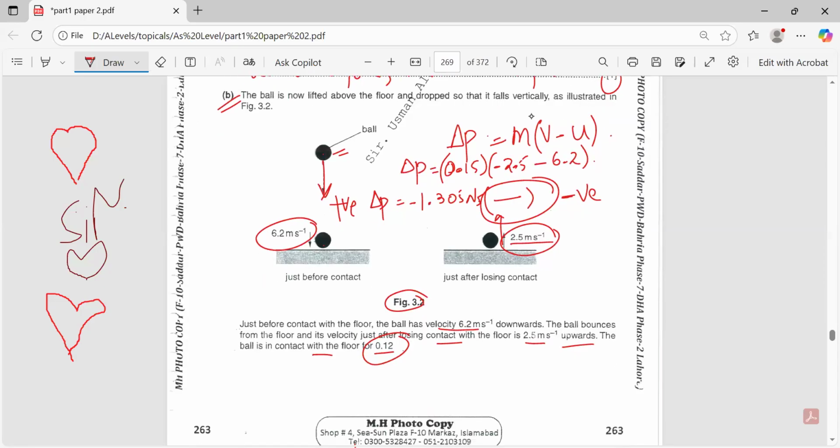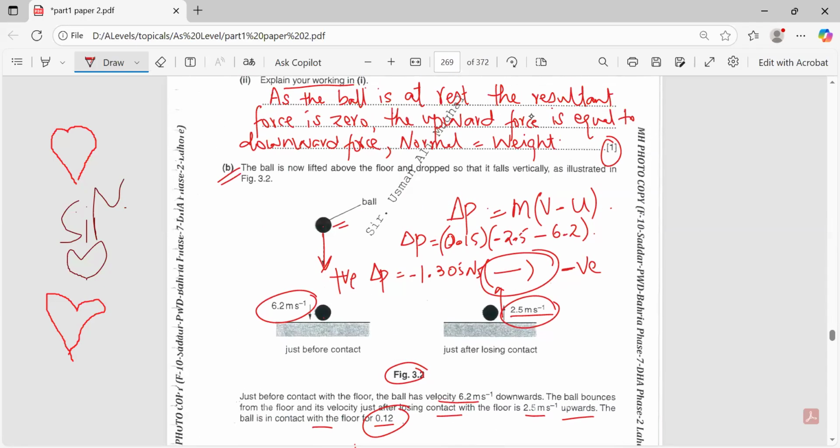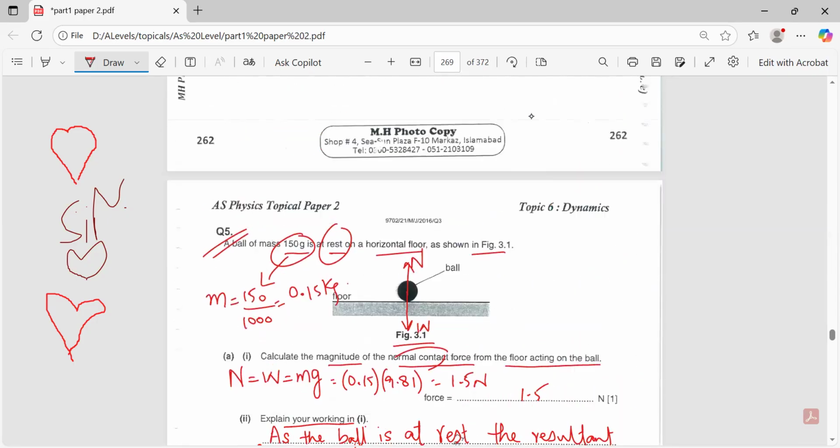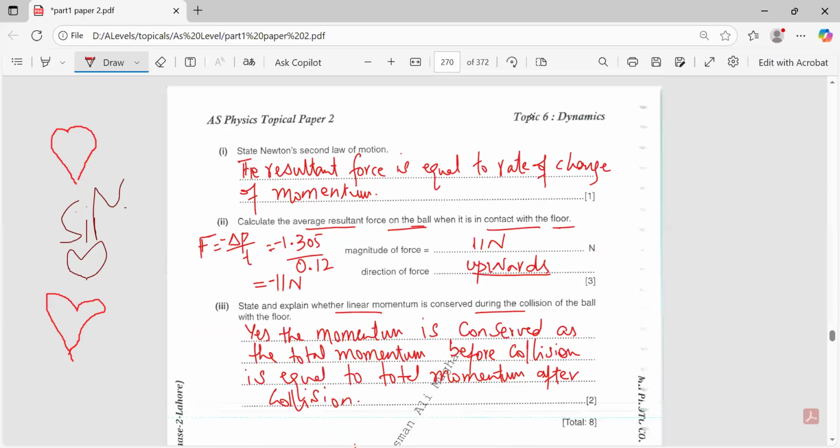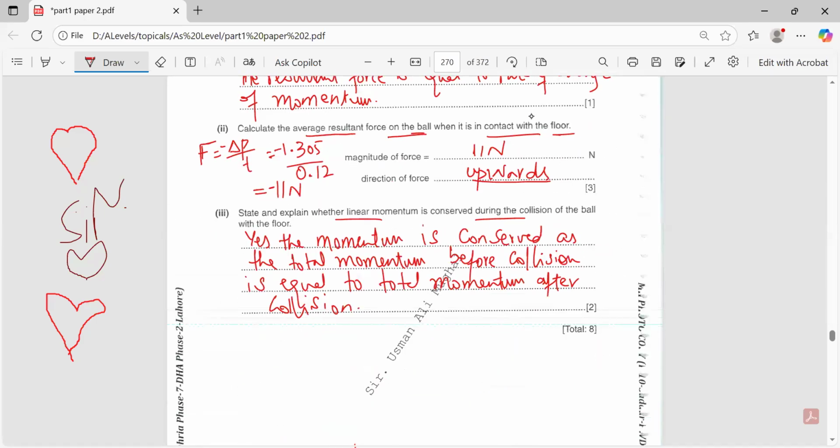So it is always understood whenever any sort of collision occurs in the absence of resistive forces, in that specific case, the total momentum before collision will always be equal to total momentum after collision, right? It is just a way of asking the law of conservation of momentum in an alternate way. Okay, thank you, sir.